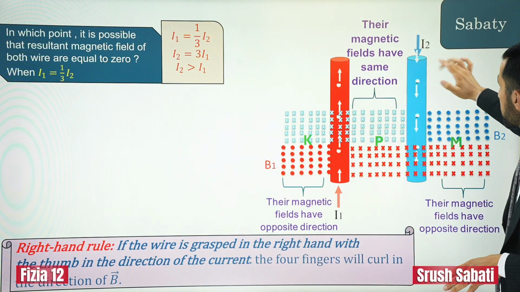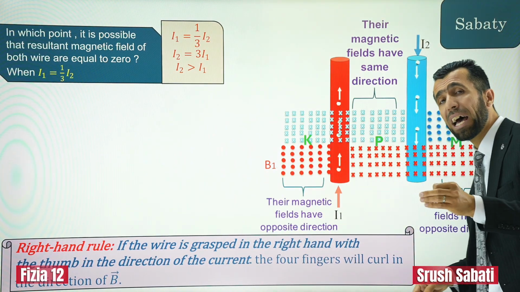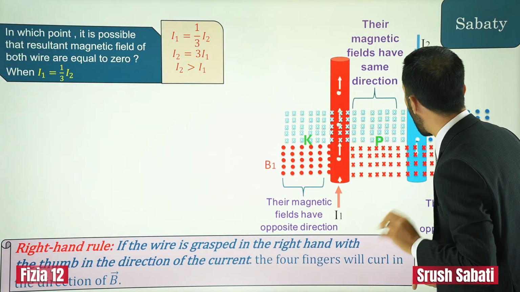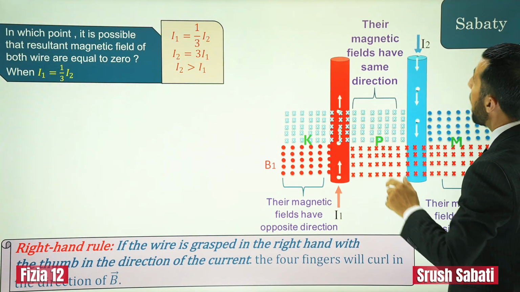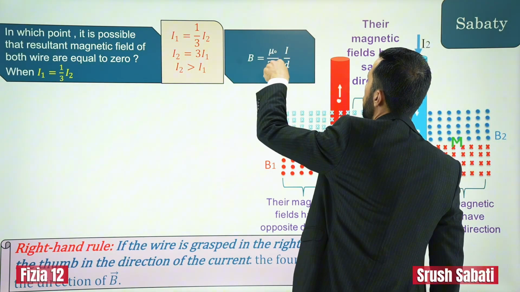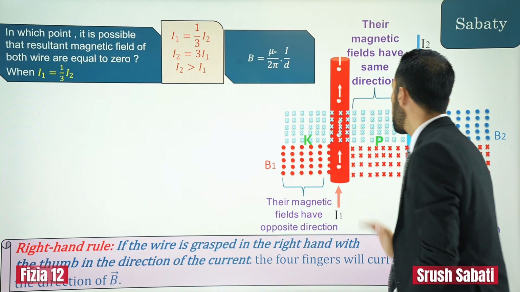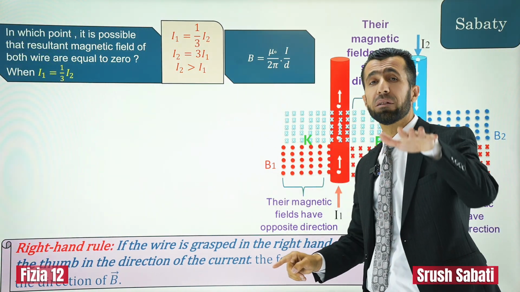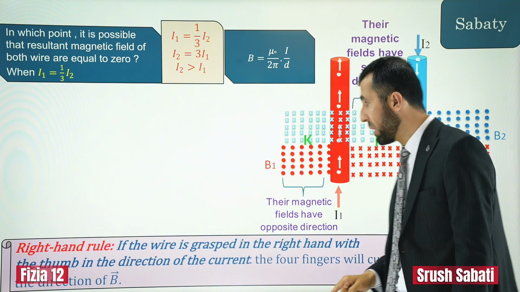When I2 is greater than I1, it means that the magnetic field of wire 2 is greater than that of wire 1. We have a rule for the straight wire: B equals mu naught over 2 pi, I over d. When the distance increases, the magnetic field gradually decreases.